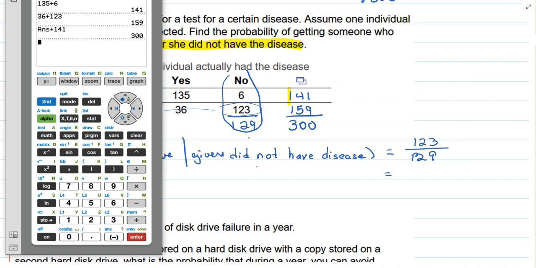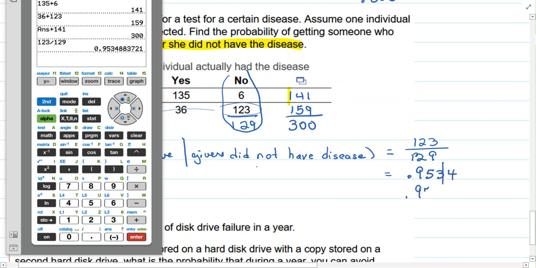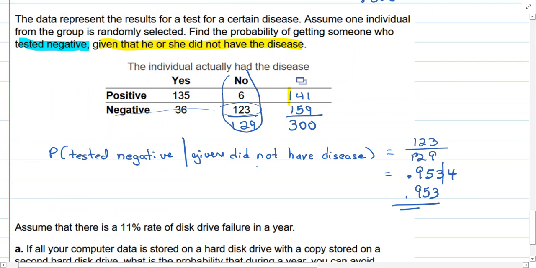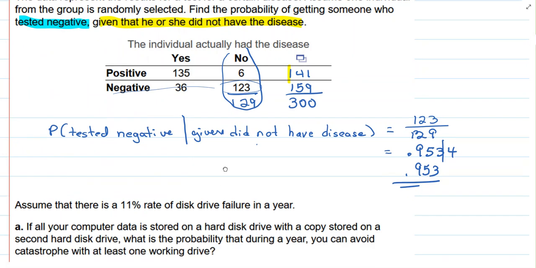Tested negative, which is a 129, but did not have the disease. No, I got that right. Got it. Had to think. Easy to get mixed up, isn't it? Pretty sure that the test, if you can test negative and did not have the disease. So that is good.